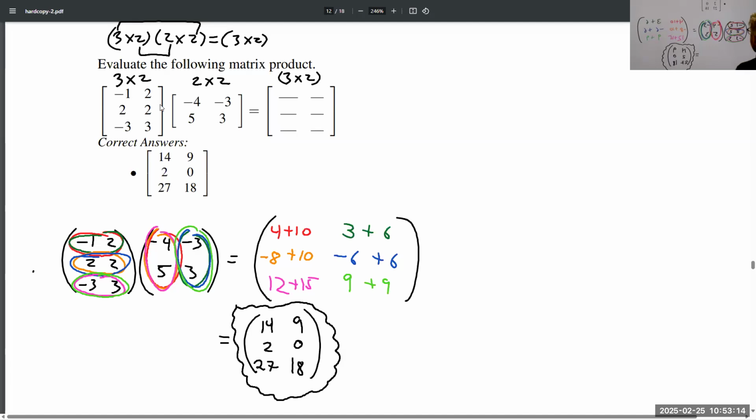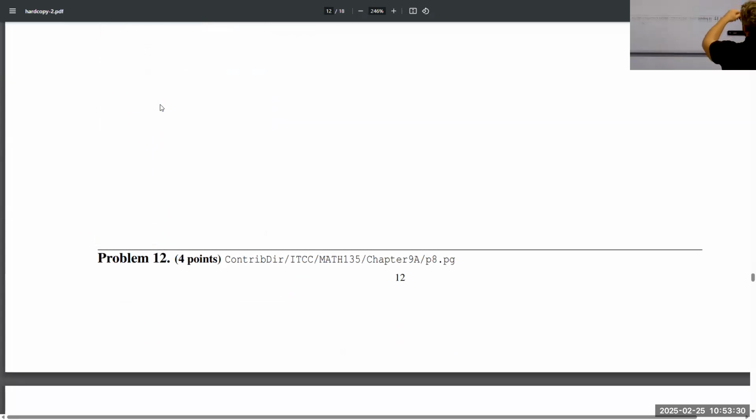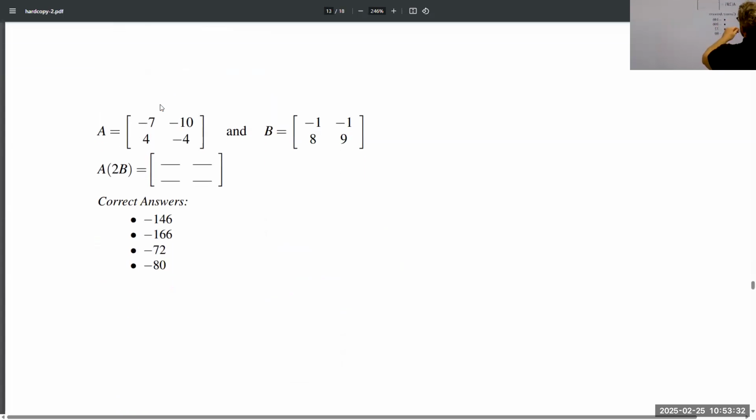And order does matter. If I multiply these matrices in the other order, it's not the same. In fact, it's not even possible. Please stop me if you have any questions about this.